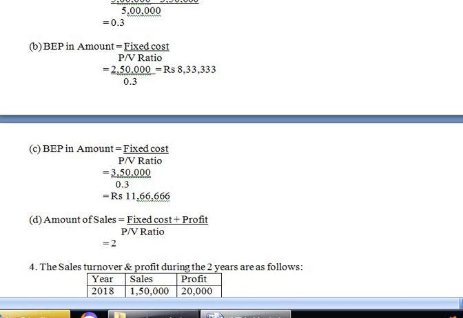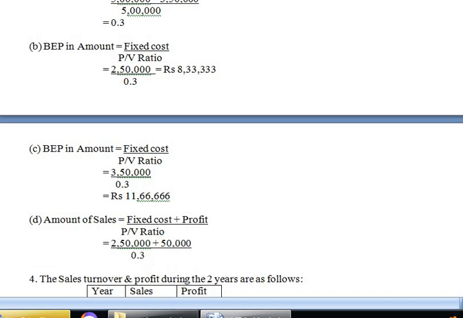So fixed cost is 2,50,000 plus profit 50,000, divided by PV ratio, which we have already calculated, 0.3.